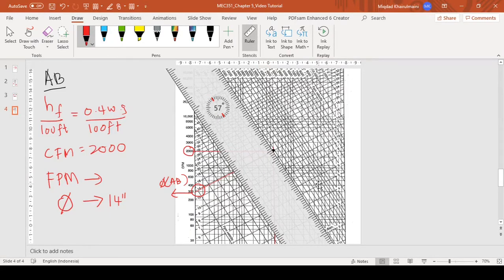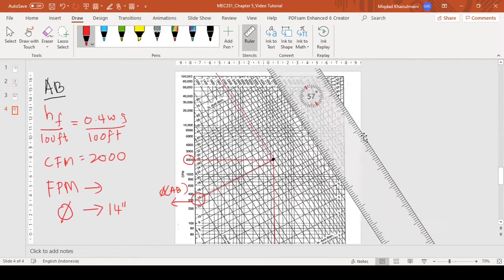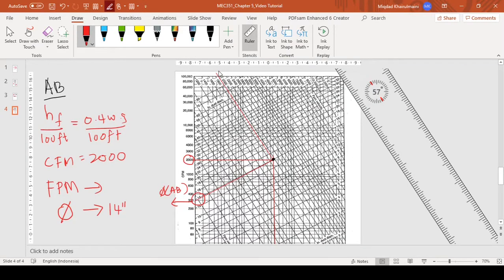We can draw to the top or to the bottom. If we draw to the top, it will be somewhere here. So we can move the ruler. The FPM for AB is in between 1800 and 2000, so we can write 1900. So that is for AB.